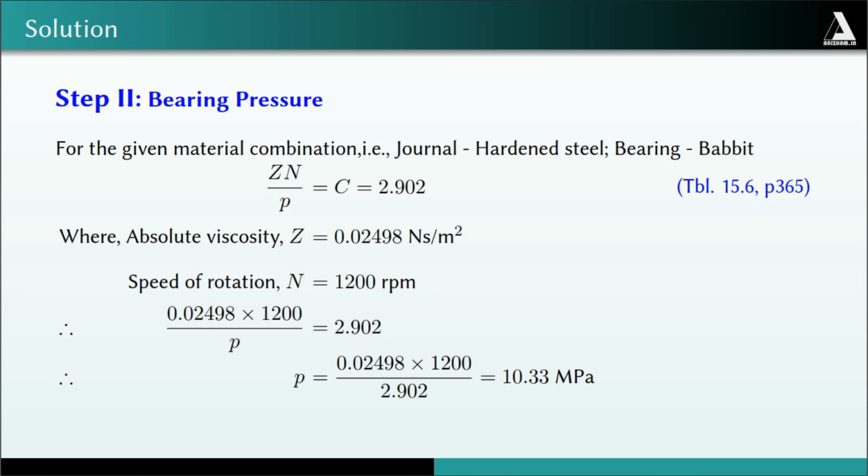Here Z is the absolute viscosity obtained in the previous step, 0.02498 Newton second per meter squared, and N is the speed of rotation, 1200 RPM. Substituting these values and solving for P, we obtain P as 10.33 megapascal.